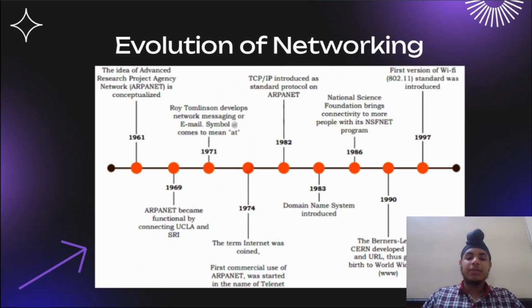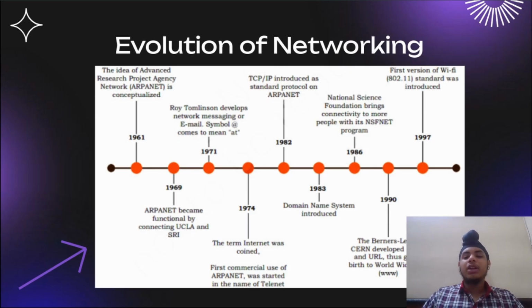Next, in 1971, a huge milestone happened. Ray Tomlinson developed networking messaging, which we know today as email. Email was developed in 1971, and the @ symbol was used to separate the person's name from their computer network.